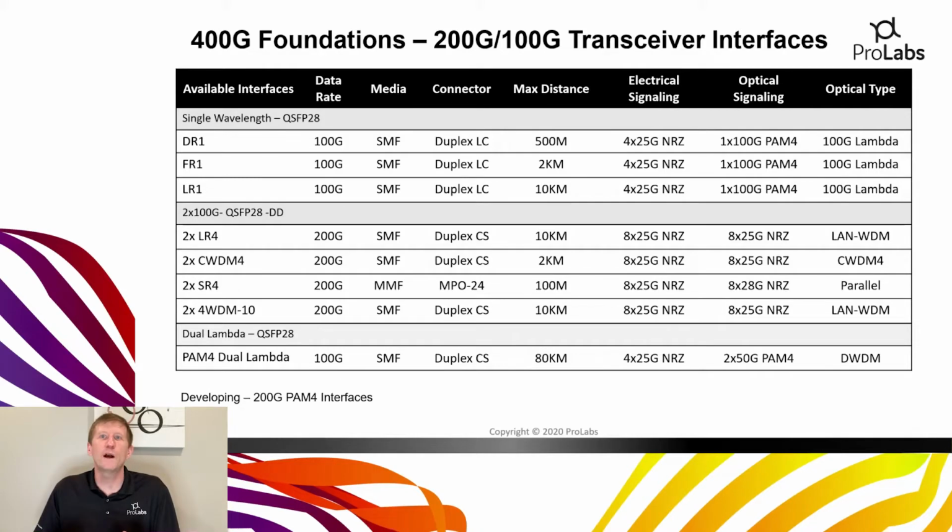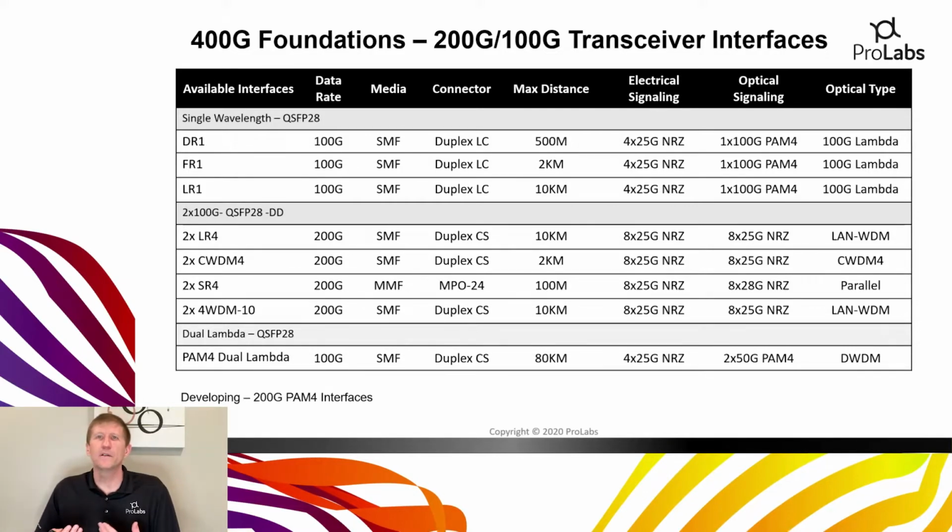So we move on to our 2x100 gig QSFP28-DD transceivers. Now, these are a little different transceiver. As you can see by the specs on the slide, they are NRZ both on the copper or electrical side and on the optical side. As we get into the applications where these are used, we'll understand why someone would want these types of transceivers.